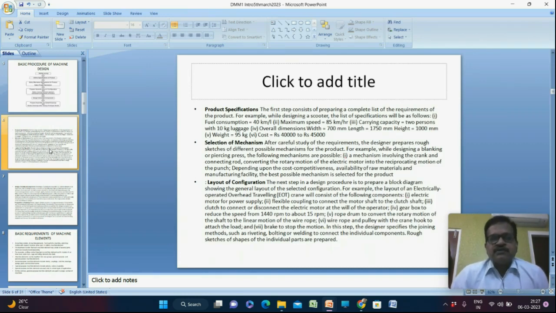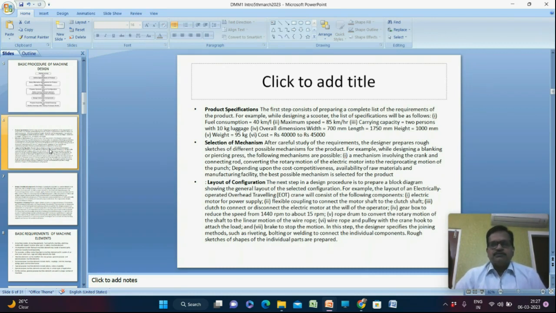Product specification. The first step consists of preparing a complete list of requirements of the product. For example, if we want to design a scooter, the following specifications are required.